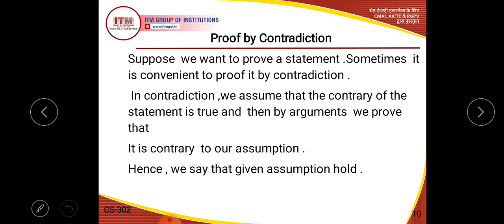In contradiction, we assume that the contrary of the statement is true, and then by arguments we prove that it is contrary to our assumption. Hence, we say that the given statement holds.